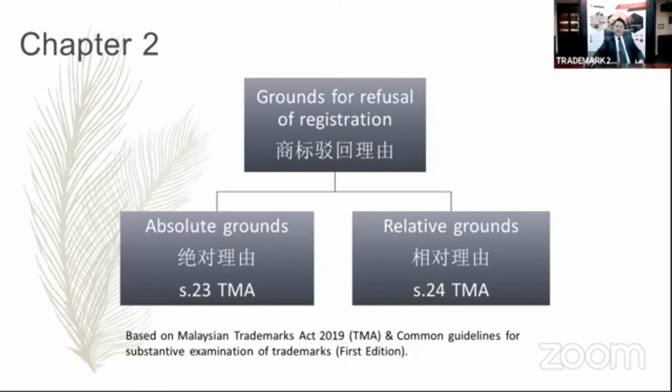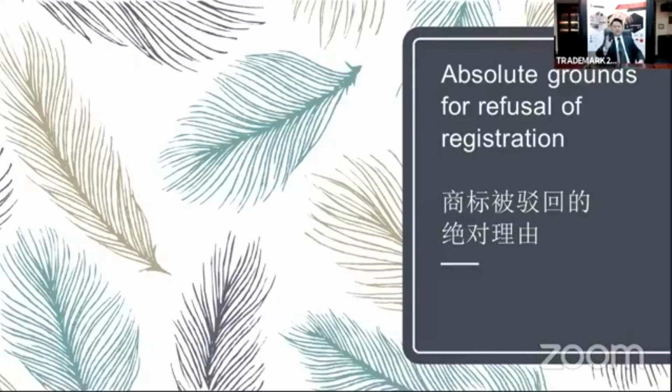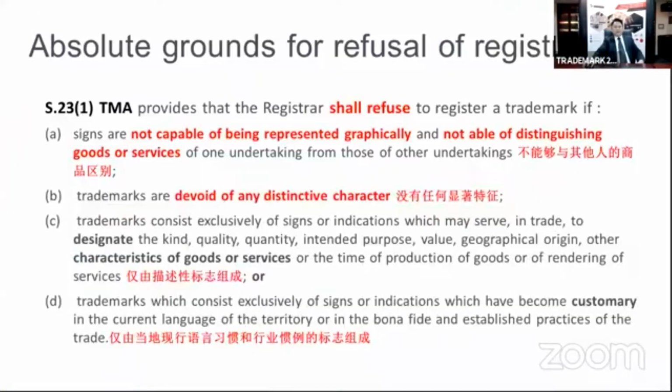So without wasting much time, I will start with the absolute grounds for refusal. In the previous slides, in chapter 1, did I mention that a trademark must be distinctive, or must be capable of distinguishing goods and services?